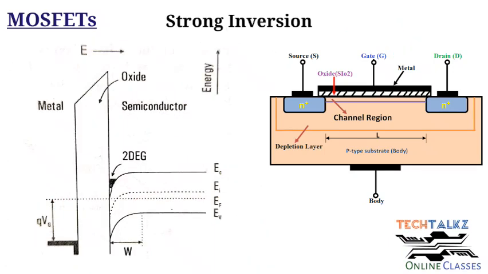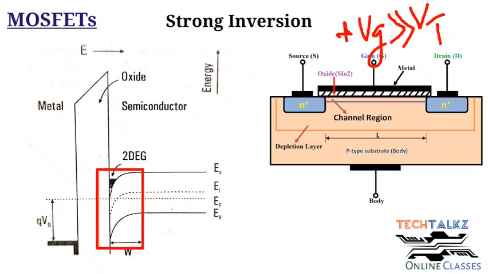Next is strong inversion condition. Here a large positive voltage is applied to the gate. Here the band bends very sharply. That means since you are applying a large positive gate voltage, more and more electrons will be attracted and they will accumulate at the interface. So the conduction band will move downward and it may reach the Fermi level or very near to the Fermi level.